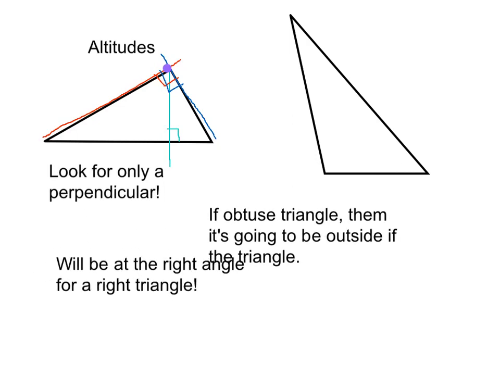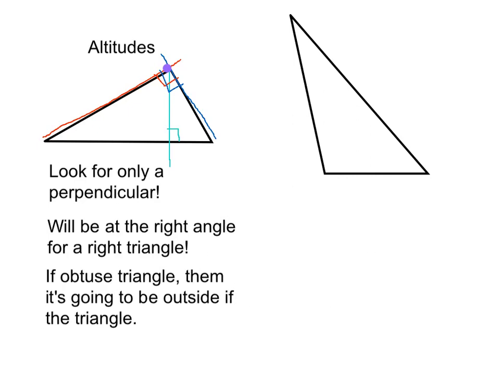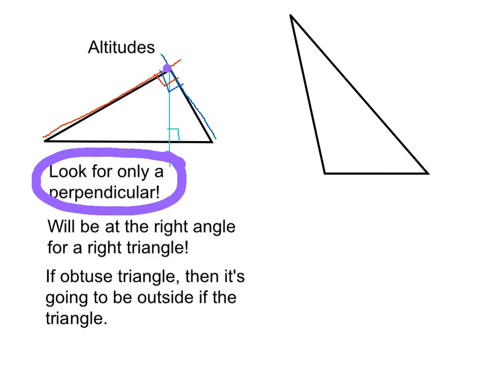We want to look for a perpendicular only. It'll be at the right angle if it's a right triangle. If it's an obtuse triangle, it's going to be outside. And if it's acute, it's going to be inside. Okay, but the main thing is this right here. You're looking only for a perpendicular. Only for a perpendicular.